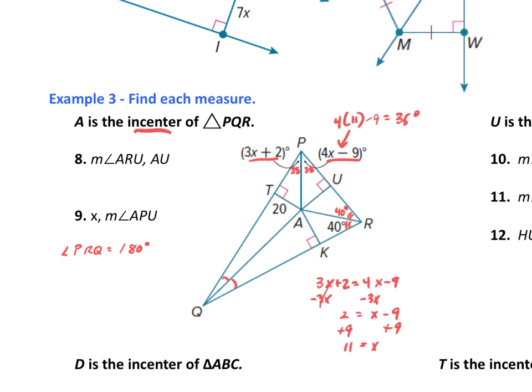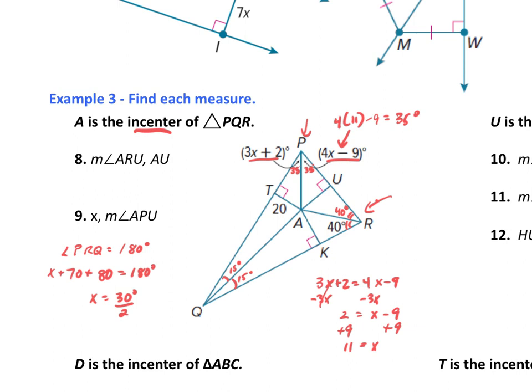If I know that this corner adds up to 70 and this corner adds up to 80, then the remaining corner, when you do your inverse operations, is going to be 30. So 30 divided by 2 means that this angle is 15 degrees and this angle is 15 degrees. Coming up with all that kind of stuff.